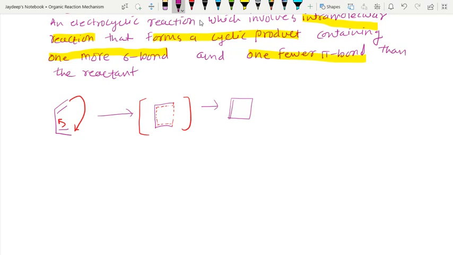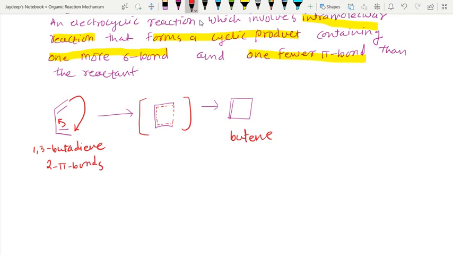This double bond is here. So it is 1,3-butadiene and it gives the butene. So see here, this reaction involves intramolecular bond migration. Initially it has two pi bonds, right?